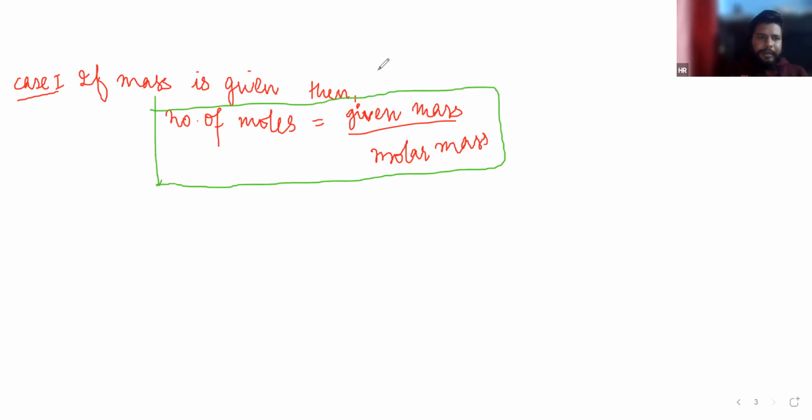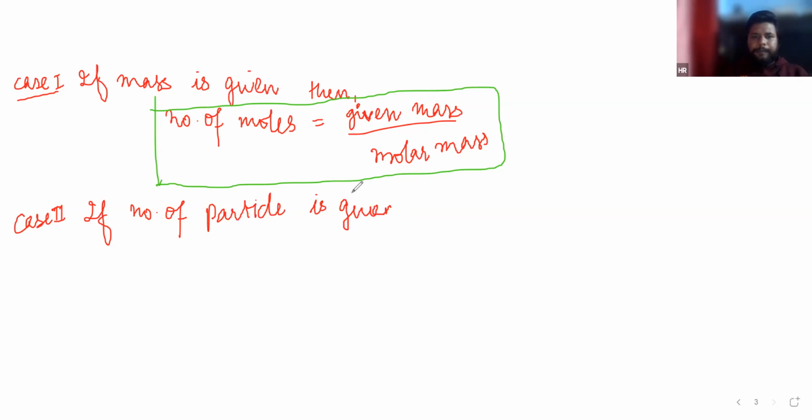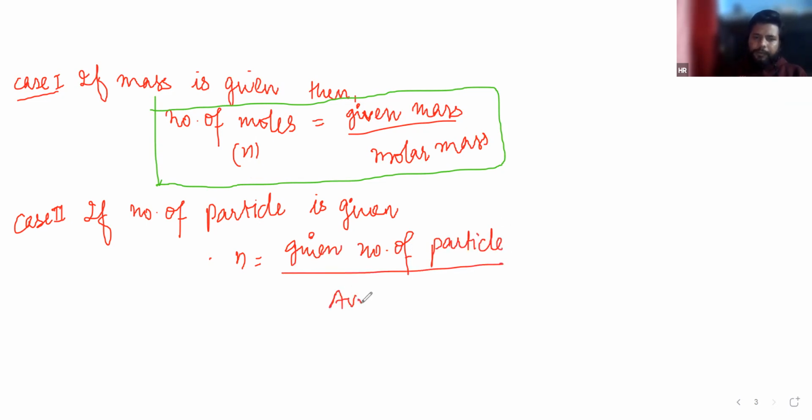Now come to the second case. If number of particles is given, then number of moles, which is denoted by n, equals given number of particles upon Avogadro number.